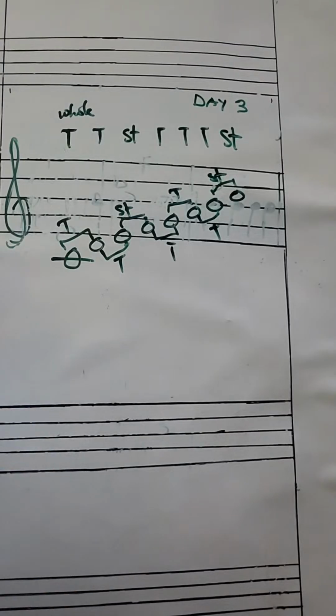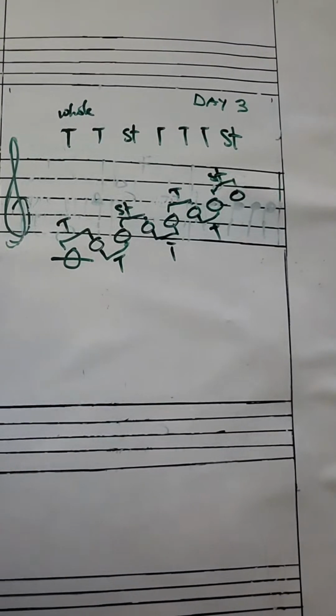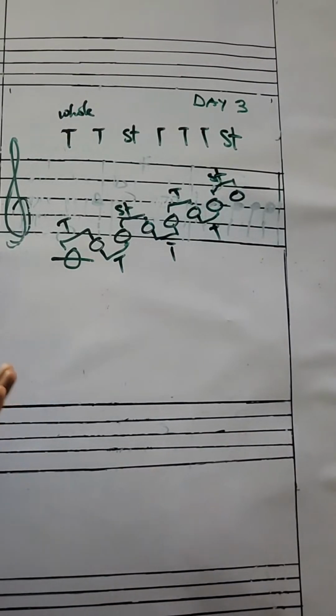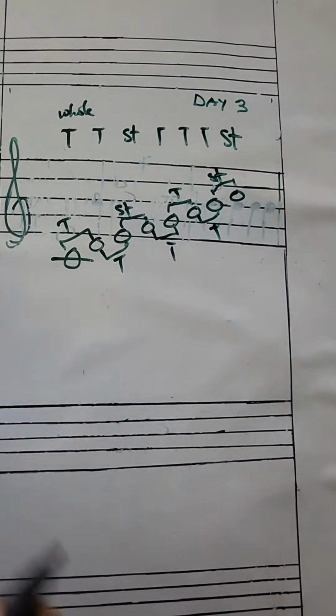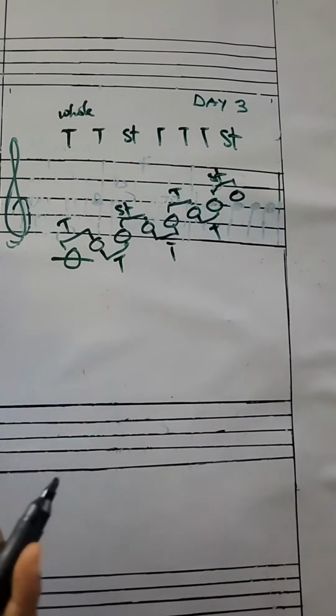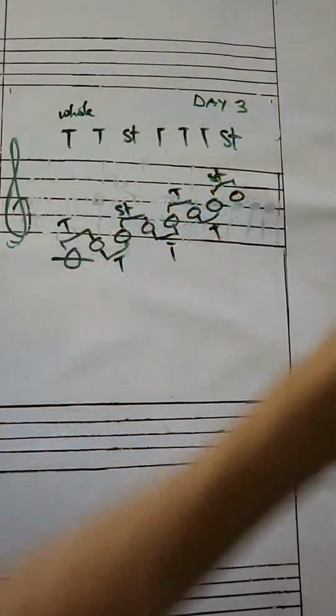So the first thing you do when you are talking about scales and key signature, the first thing I always advise my students to do is to know how to realize these notes on their own. And how do you know how to realize these notes? A tone is a walking distance of 2 steps, whereas a semitone, which is also called a half step, is just a step away from the note.